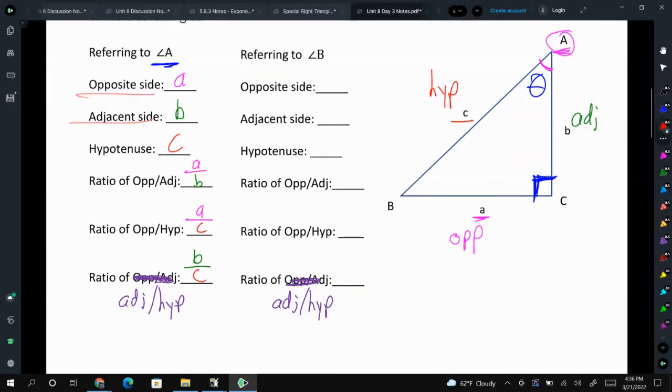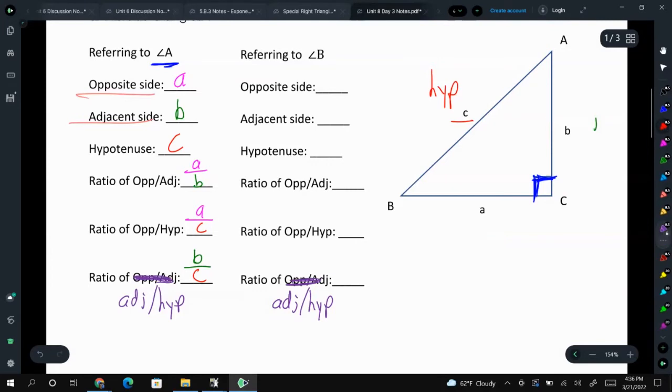So now we're going to do the same thing, but instead of angle A, we're going to be referring to angle B. Now, because this is a right triangle, the hypotenuse is still going to be the same. But if this is the angle we're talking about, side B over here is the opposite side.